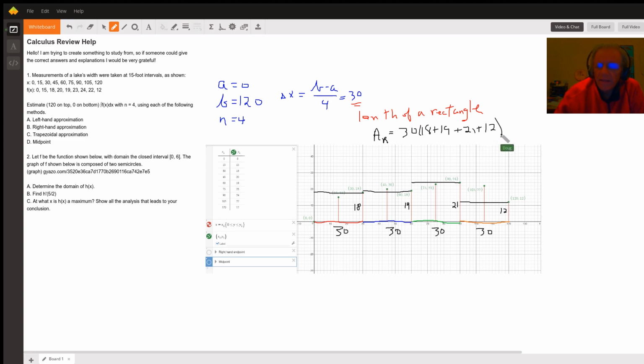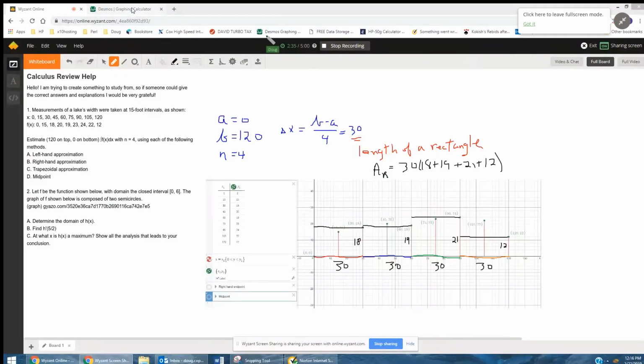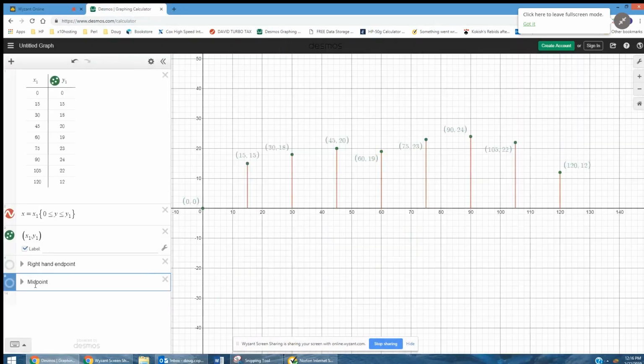Okay, now let's go to Desmos. I'll share my screen. And if I enable this right-hand endpoint, there's the rectangles that I just depicted on the whiteboard. 4 rectangles.